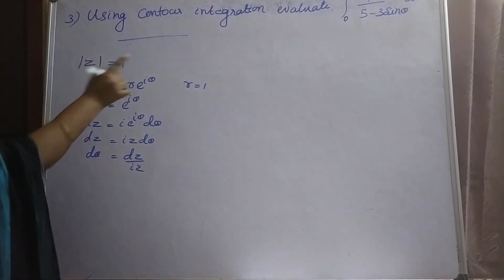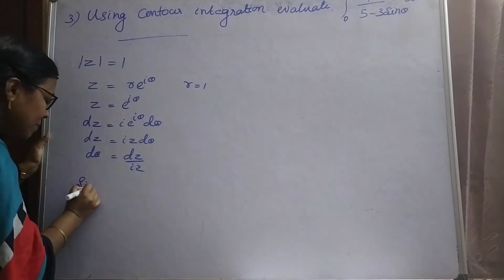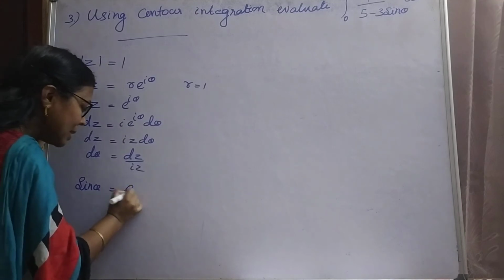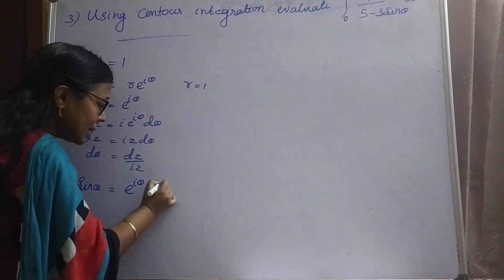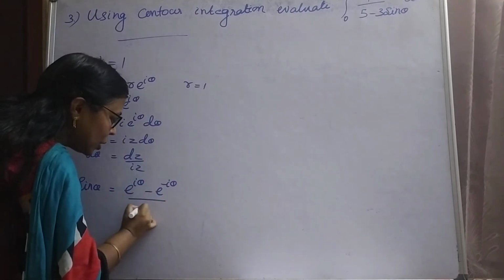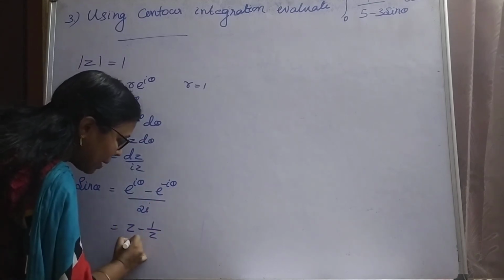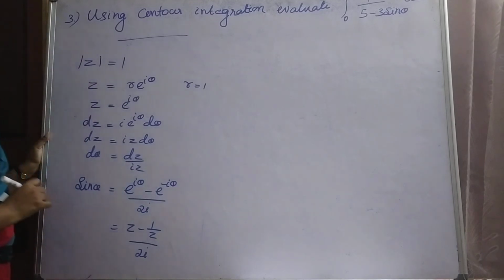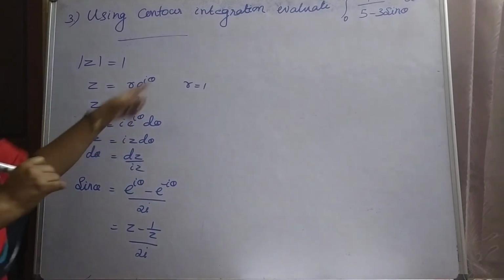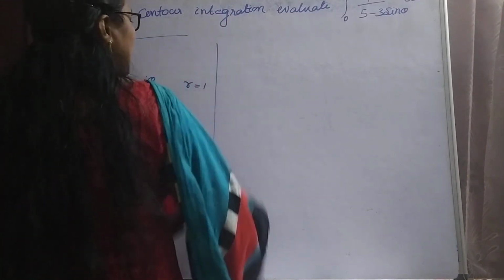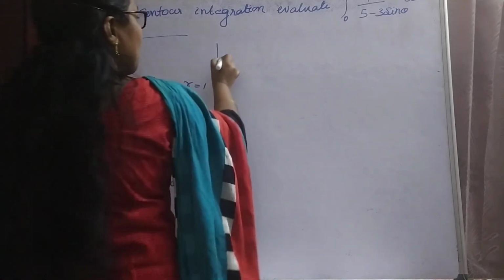Then sin theta is in the question. What about sin theta? Sin theta is e raised to i theta minus e raised to minus i theta by 2i, which is equal to z minus 1 by z by 2i. Now convert this question into integral f of z dz form.